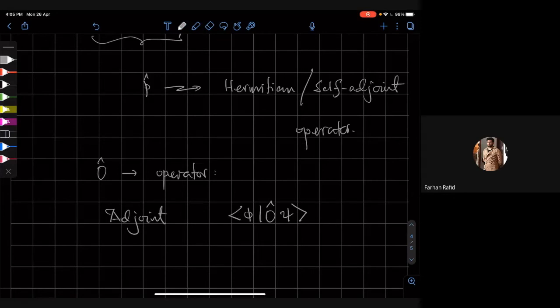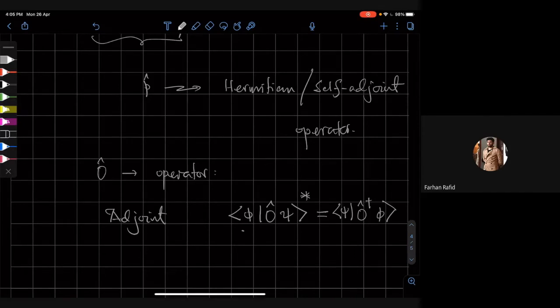If I take the complex conjugate of this number, then I can get this number by some other operator. Let me call it O dagger, which will act on phi and give me some state, and I take the inner product with psi.